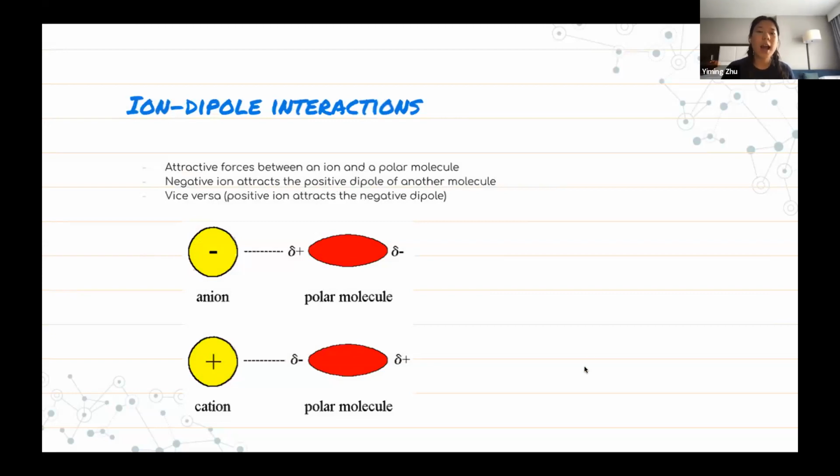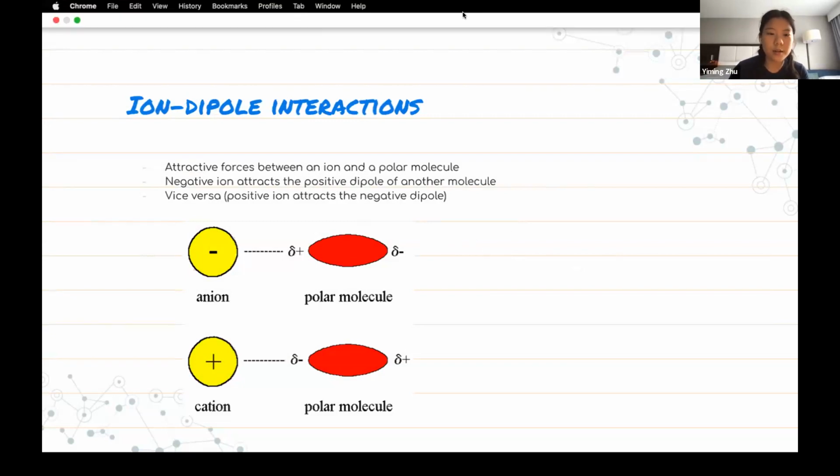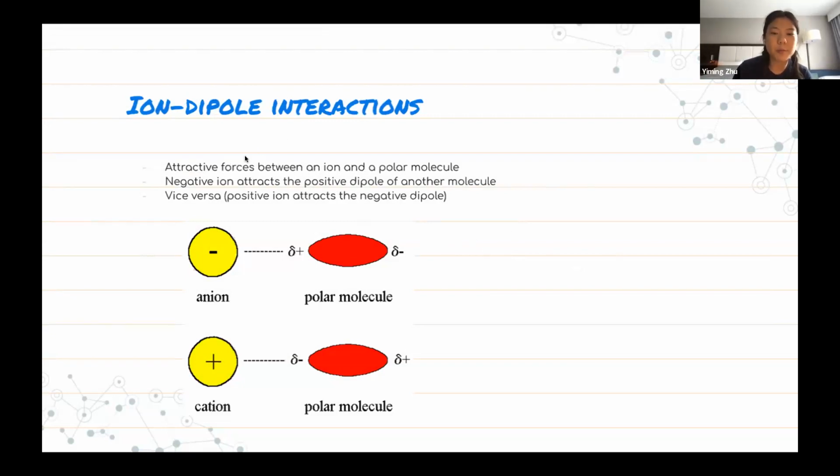Okay, next are ion-dipole interactions. So you guys know what an ion is. It's a charged atom, while a dipole is a pair of positive and negative charges. So this would be an interaction between an ion and a polar molecule. For this one over here, a negative ion would attract the positive side of the polar molecule, because remember, positive and negative go together.